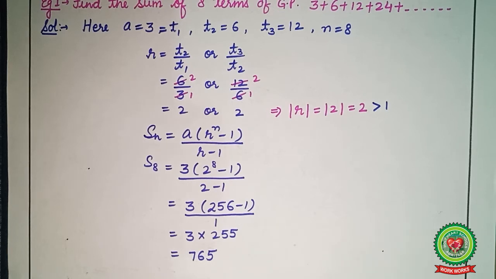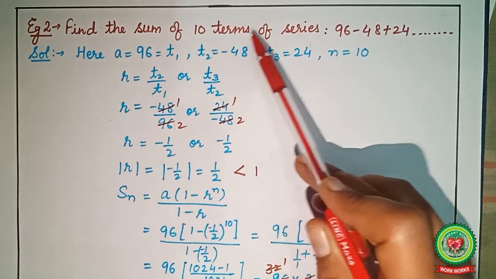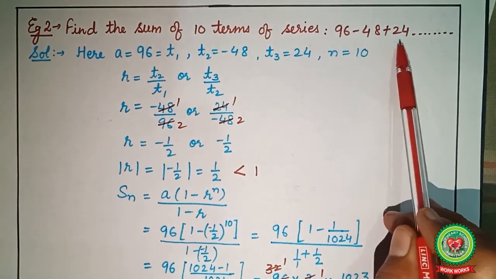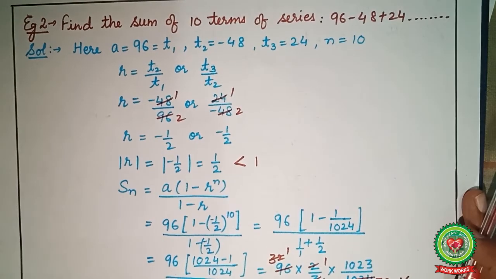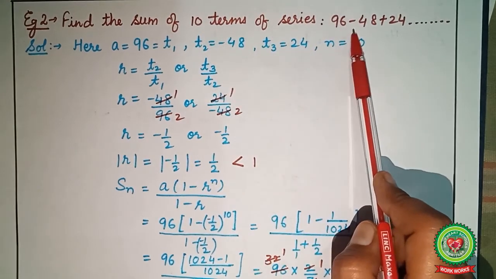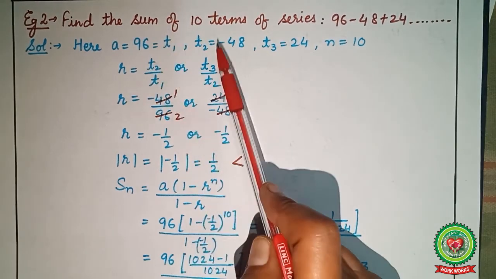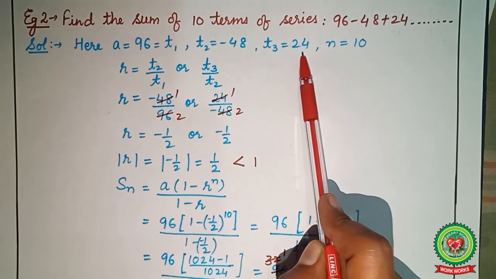Now let's take one more example. Find the sum of 10 terms of the series 96 minus 48 plus 24 and so on. Here again the number of terms is given, that is the value of n, and a series is given. So A comes out to be 96, the first term. The second term is minus 48 and the third term is 24.